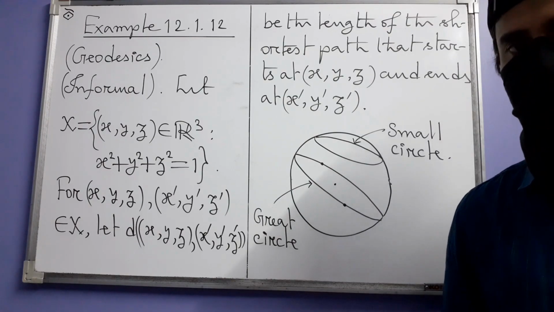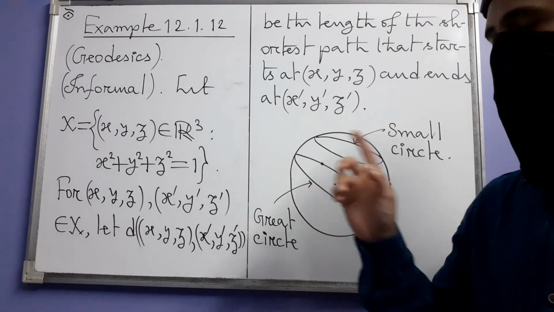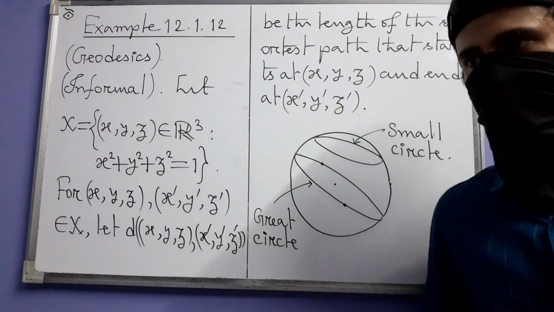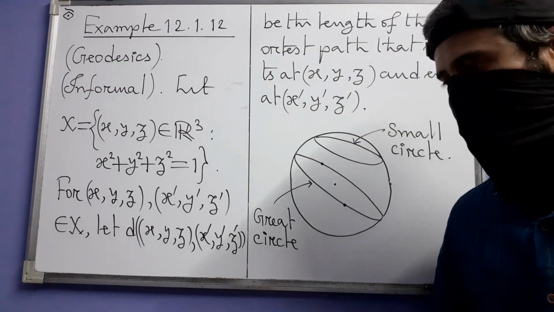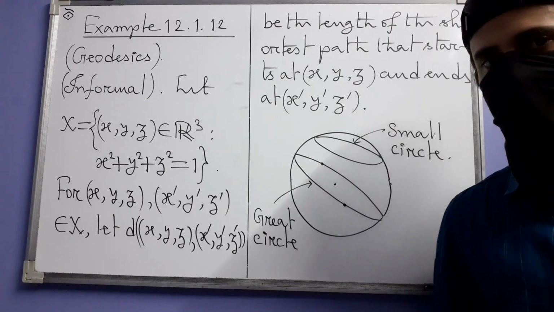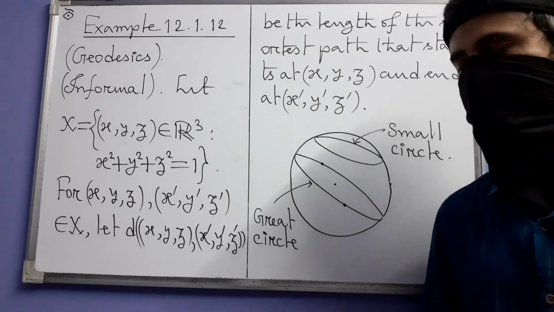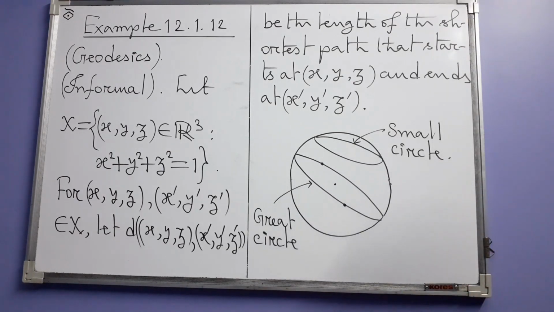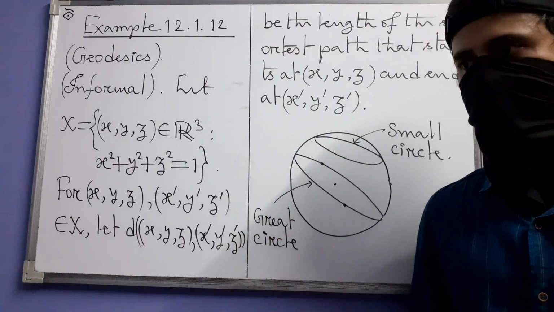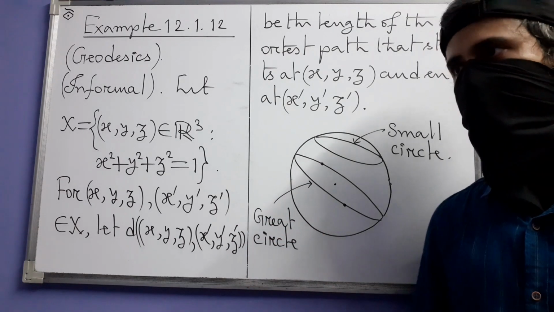Next, this informal example which involves geodesics. This term geodesics you will find in differential geometry and you will find in Einstein's general theory of relativity. It is informal because the author is going to say something here which we won't really prove.